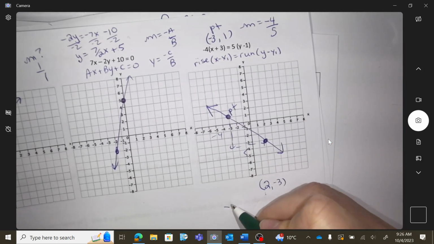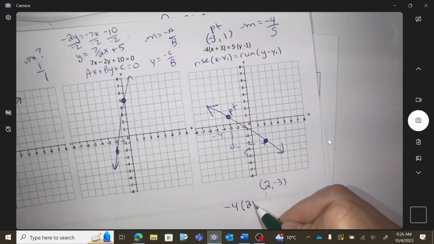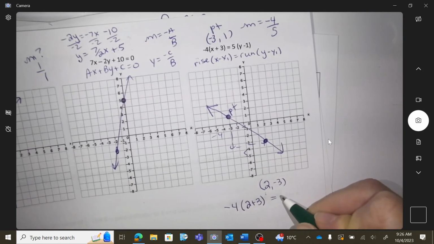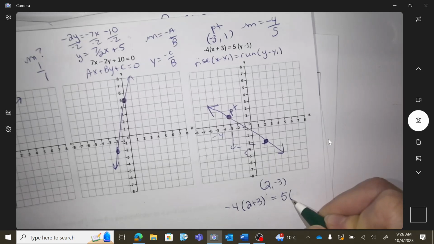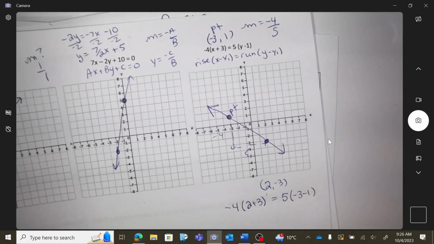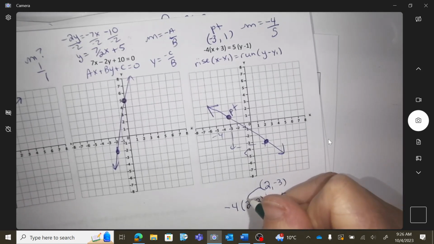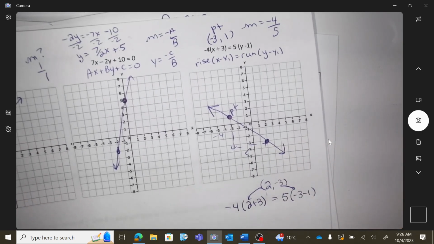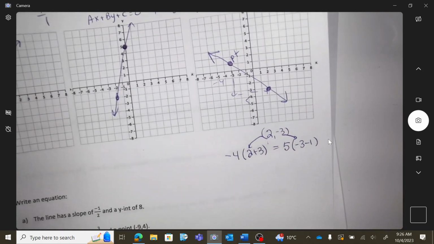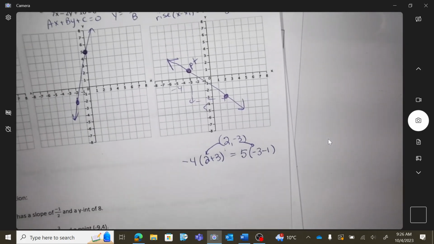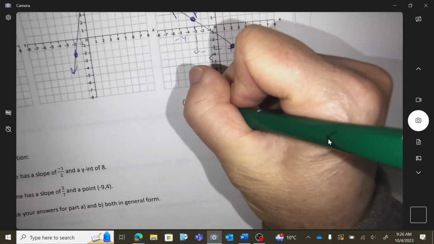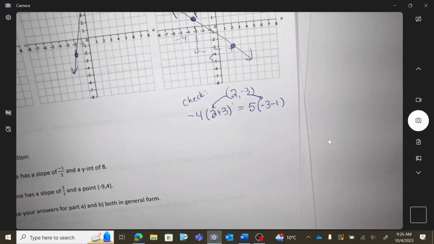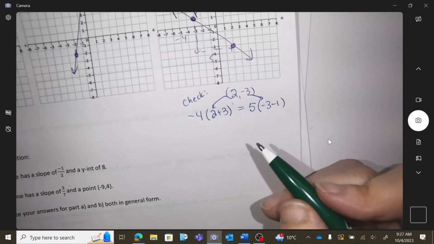So if I did -4, 2 + 3 equals 5, -1 - 1. If I plug that in, that equation should be equal.